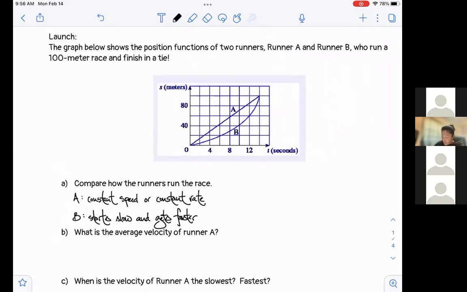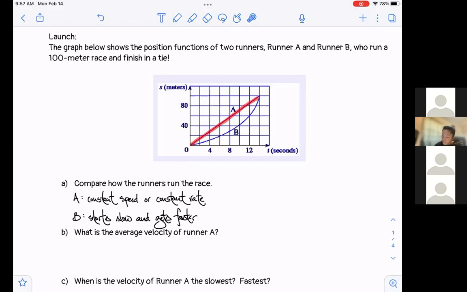I do want to say, though, one thing that this picture does not show us is the path that they take. It isn't that runner A goes in one direction and runner B goes a different way and they get to the same point. Rather, this is telling us the speed that they run to get to that place.